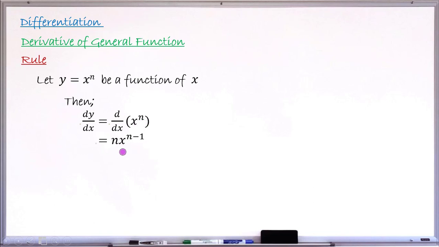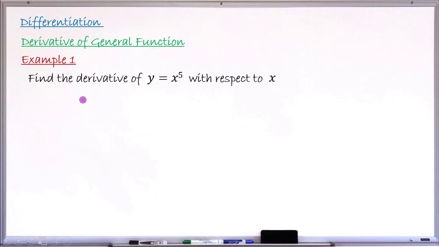So let's just move on. Example number 1 says, find the derivative of y equals x raised to the power of 5 with respect to x. So this is the function that we are asked to find its derivative. It is the function y equals x raised to the power of 5. Solution to this problem. What do we now do? First is to find the derivative of this. So this is the function y, and that y is x raised to the power of 5.